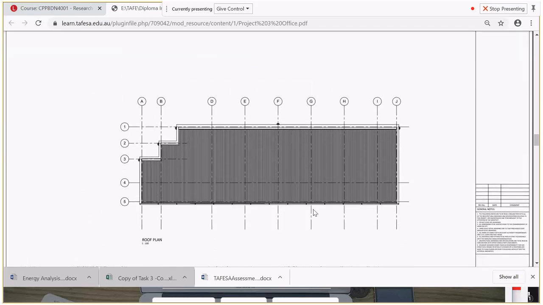Now, some of you are doing other subjects like compliance where you actually use these Revit models. If you've got that Revit model, that makes it a little bit easier because you can do your solar panel calculation by using Revit and placing solar panels. If you're not, Alana, do you use Revit?